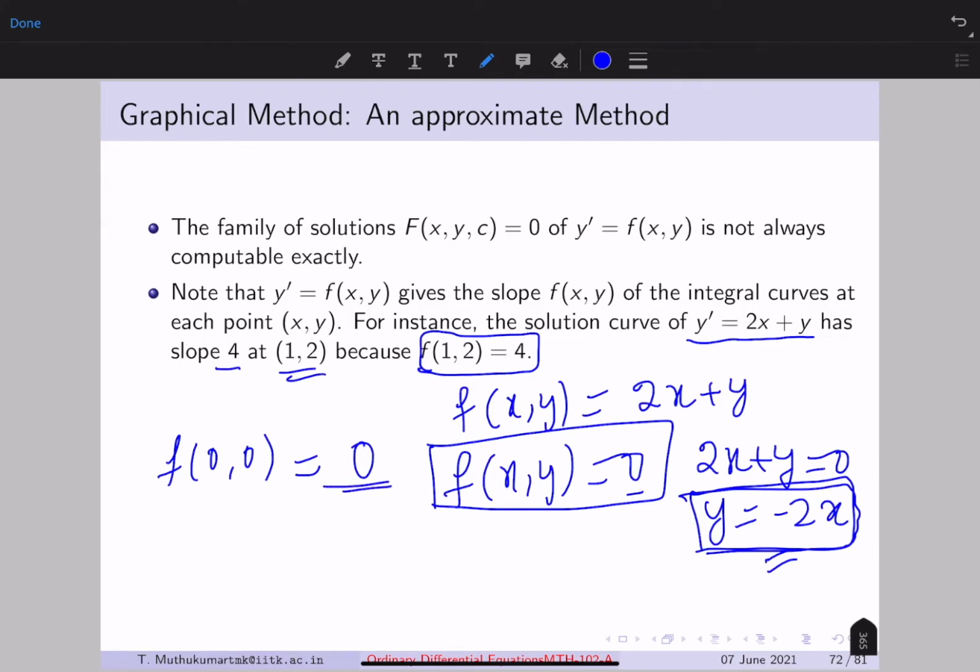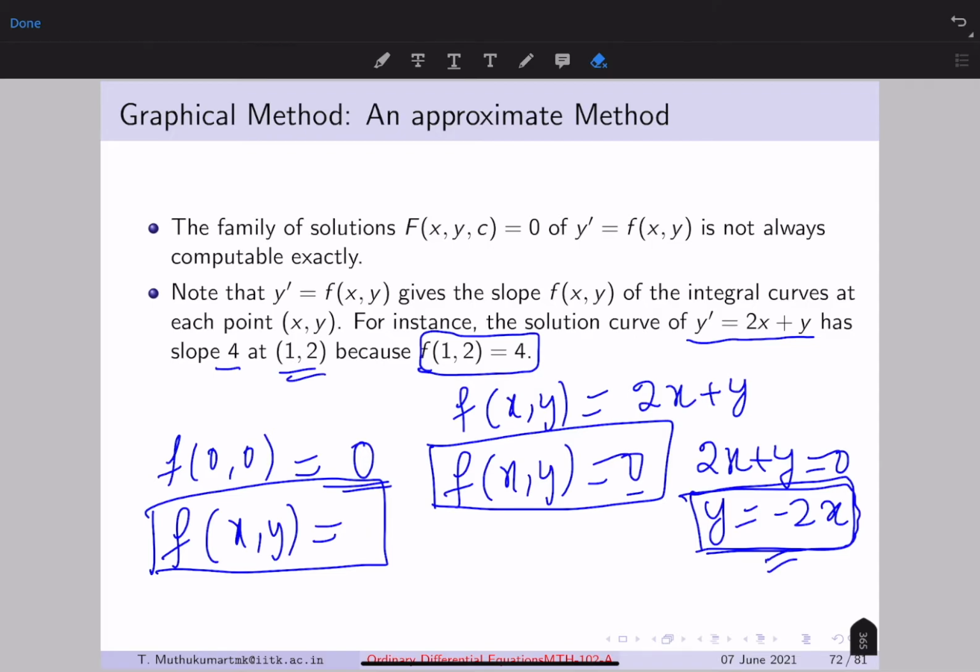Similarly, if you solve f(x, y) equal to 1, you get the curve on which the slope of the tangent is 1. In fact, if you replace this with any c, you get the curve along which the slope of the unknown y is c.